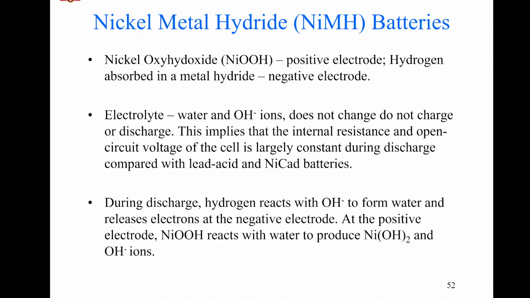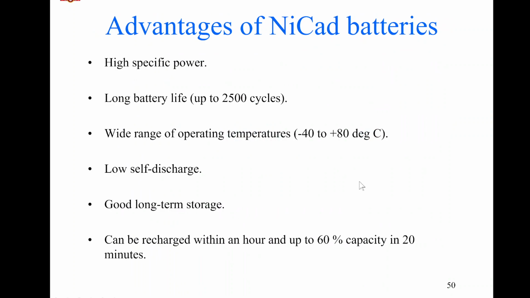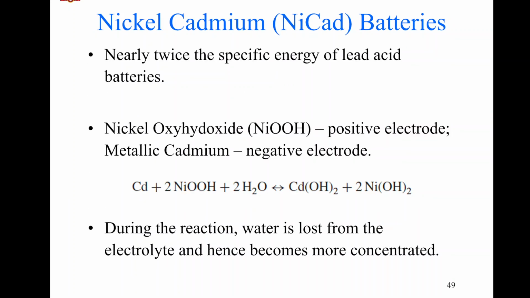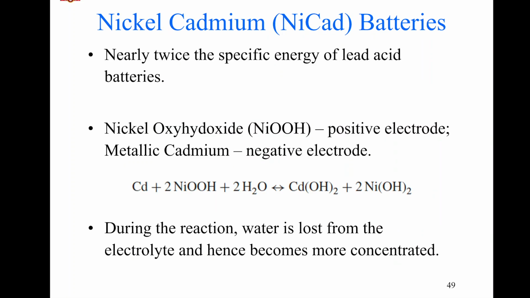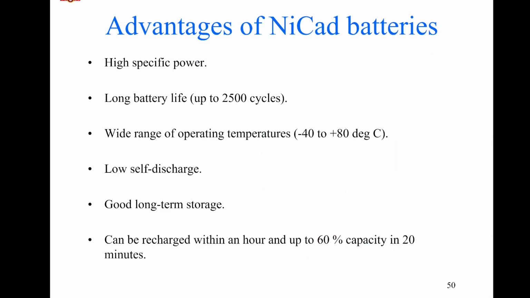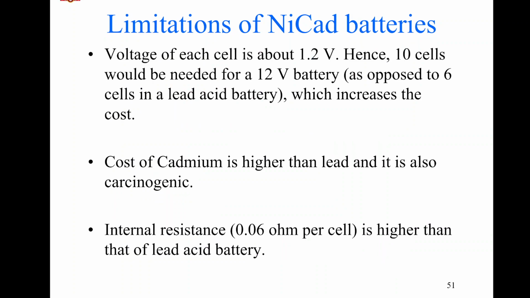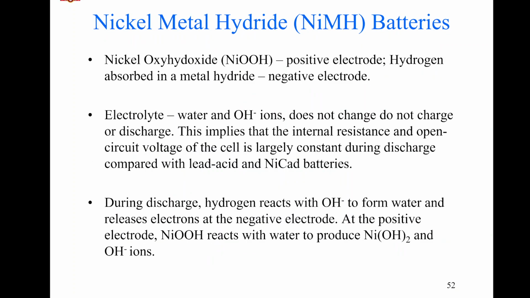So in the previous case, since we are losing the water in the electrolyte, the concentration would increase. As the concentration increases, the ionic mobility inside the electrolyte would decrease, and this would result in higher internal resistance of the battery.